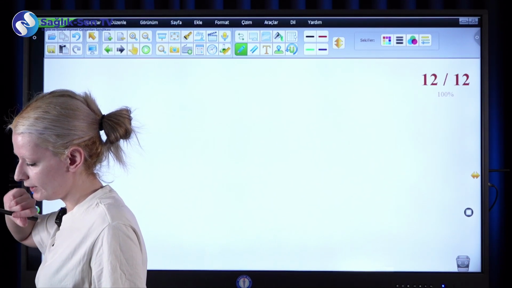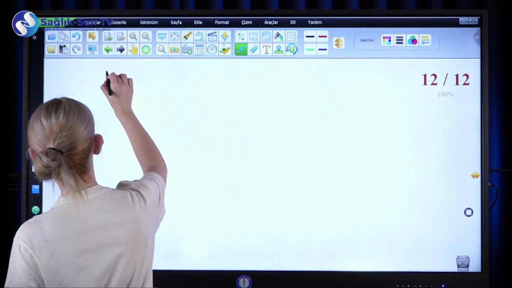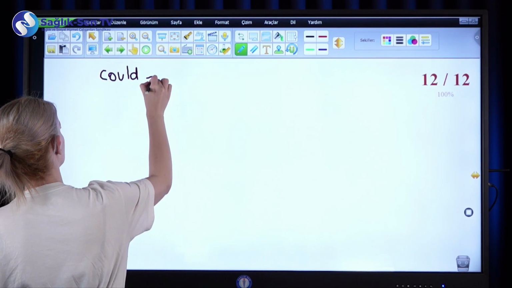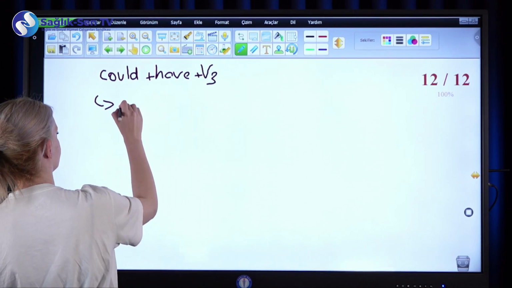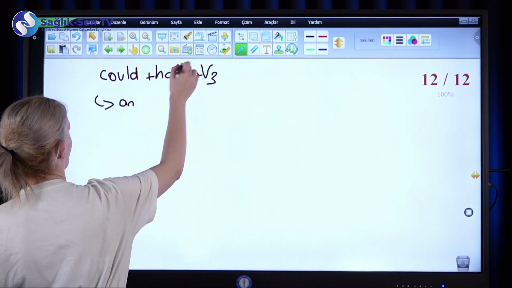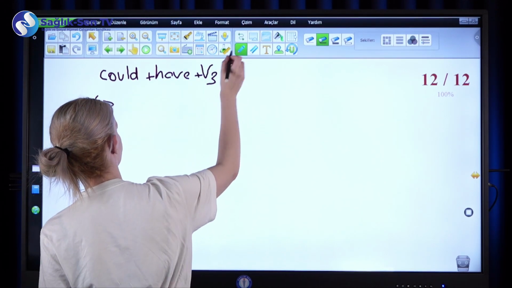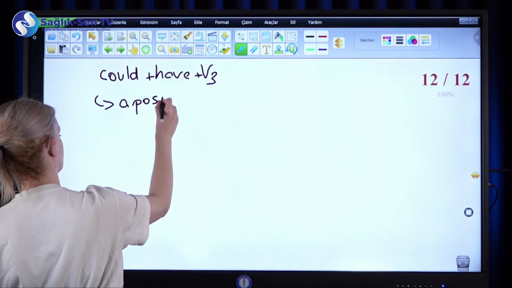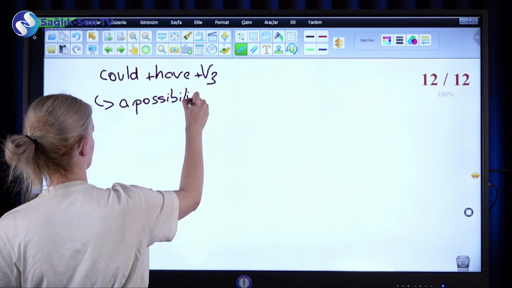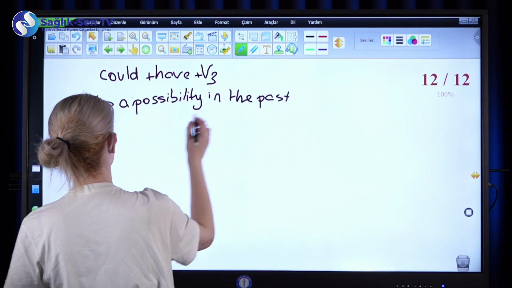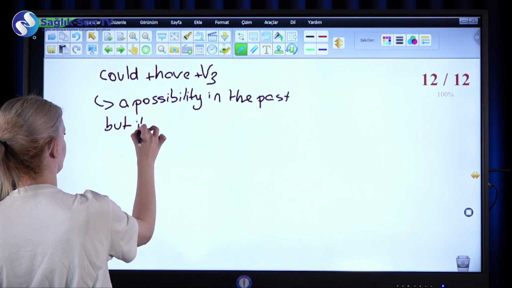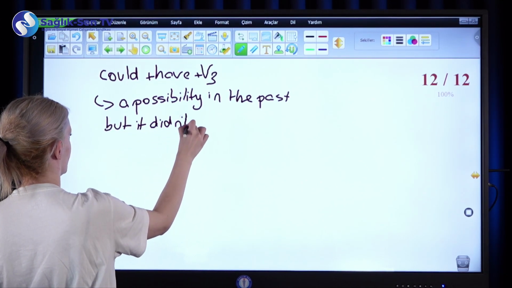By the way, we also have could have verb 3 to express a possibility in the past, but it didn't happen.